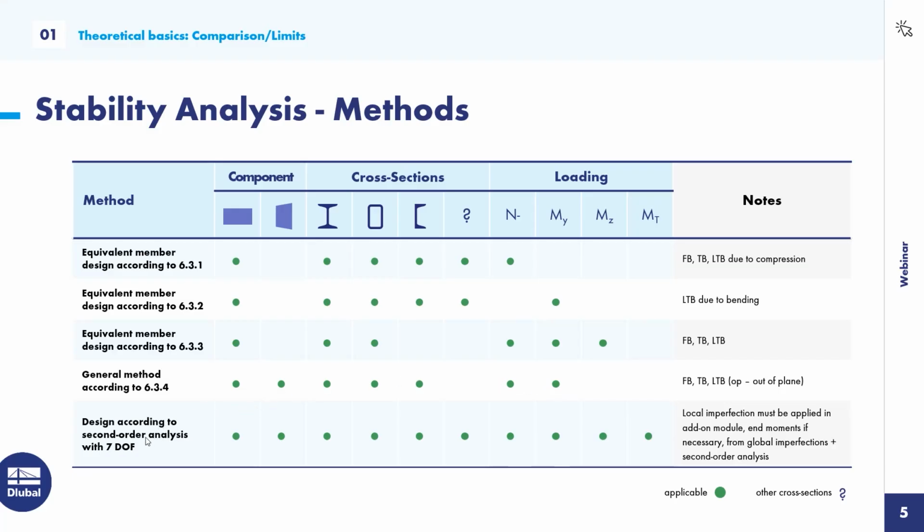Then the fifth line, design according to second order analysis with 7 degrees of freedom. Now you can see all is possible.